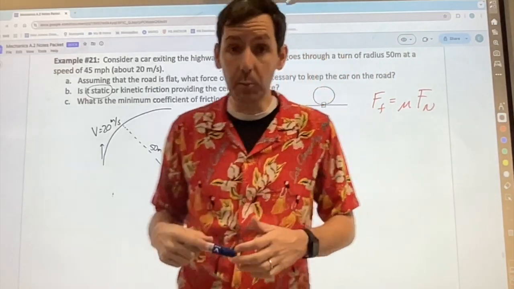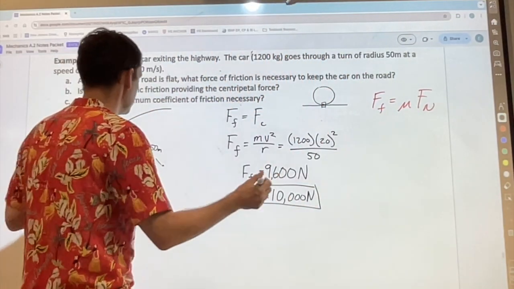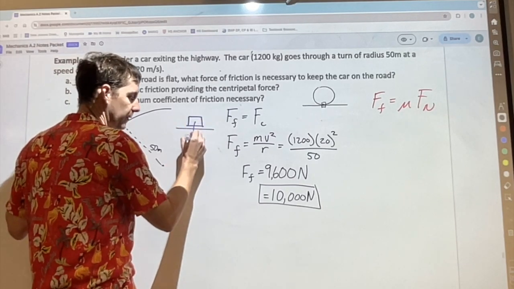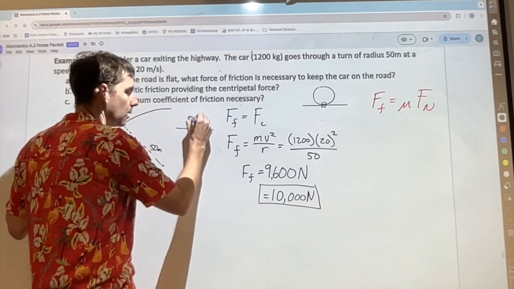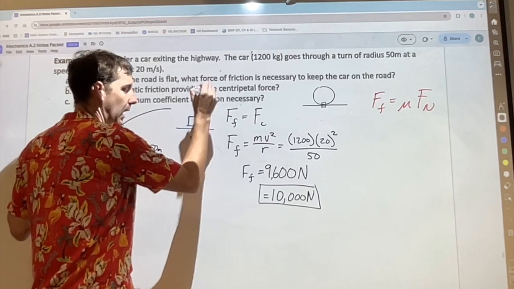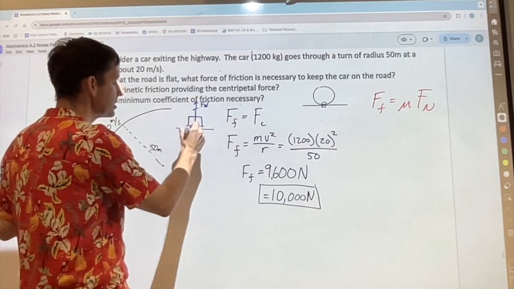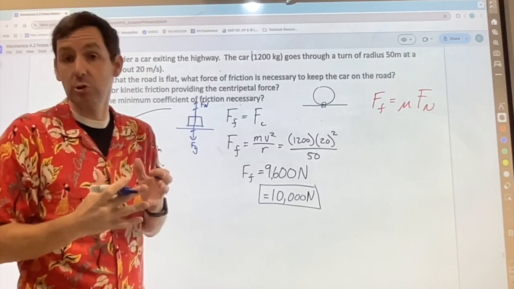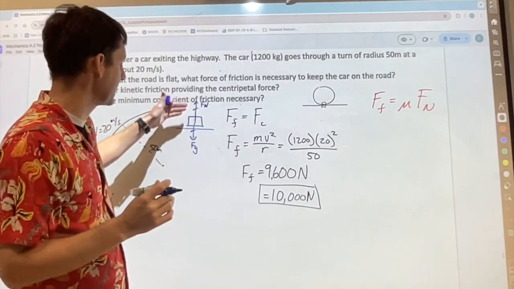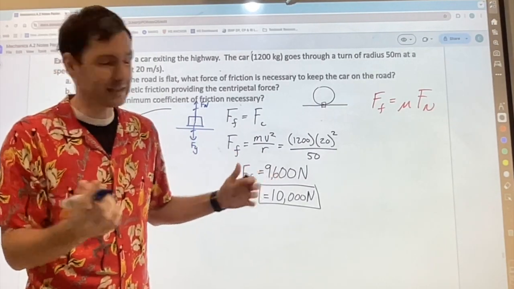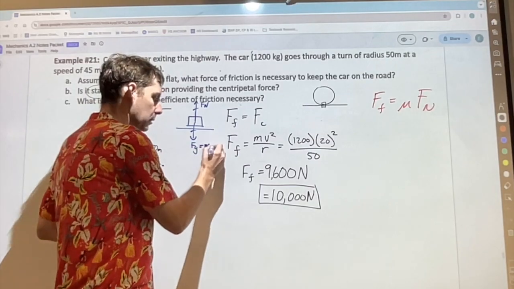So to get the normal force of the car, we're going to go back to the car, which is on the road, right? We've got the force of gravity down, and we've got the normal force up. And because the car is not accelerating up or down, these two forces must be equal to each other. And so the normal force has to be equal to the gravitational force, which then is equal to mg.